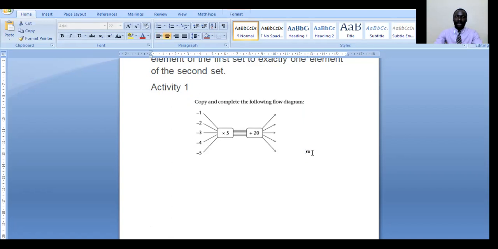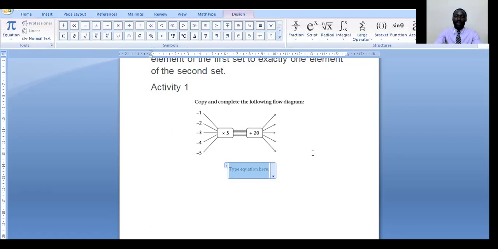In a very specific and easy way to understand, we'll be having -1, which is the first value in the first set, going through a process of multiplying it by 5, then adding 20. Now, this will lead us to the output. And what is this going to be?